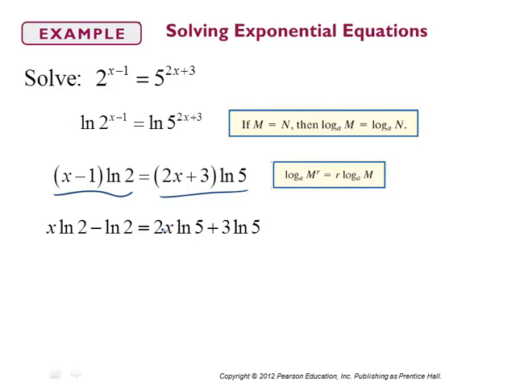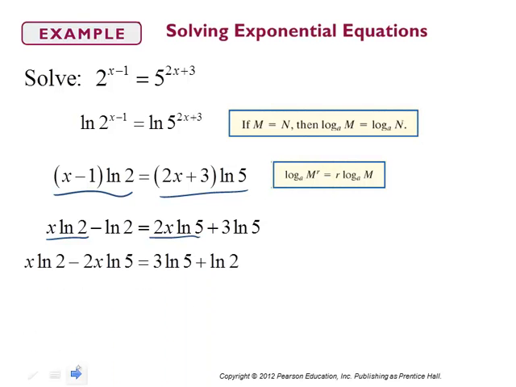Again, what we're after is to solve for x. So you identify those expressions that have x in them. And you want to move those expressions over to one side of the equation and everything else over to the other side. So we're going to probably subtract 2x natural log of 5 over to the left-hand side, or x natural log of 2 to the right-hand side, and then move the other stuff over to the opposite side.